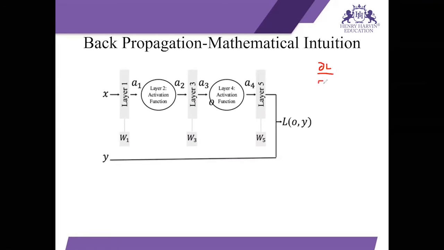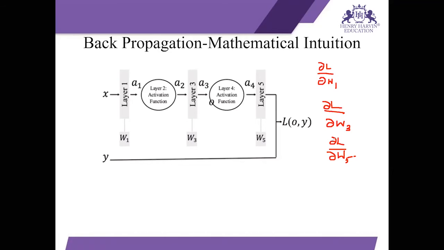∂L/∂W1, ∂L/∂W3, ∂L/∂W5, right? So what I'm trying to do over here is find the derivative of the loss with respect to all the parameters in the neural network. Because we want to find an update rule, we want to update the weights.